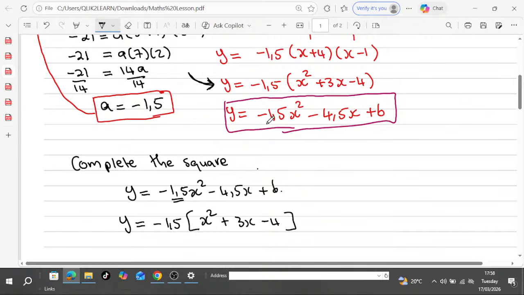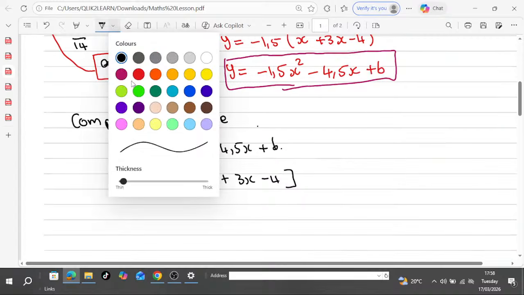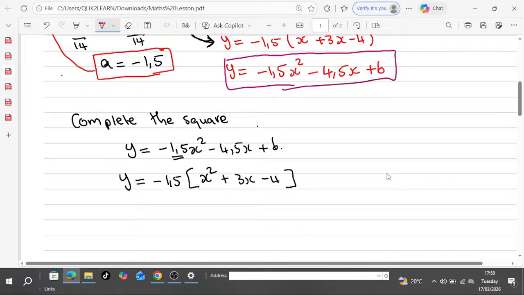Remember, when we complete the square, we add b over 2 squared, and then you subtract it. Let's quickly work on that. Let's add it and subtract it.